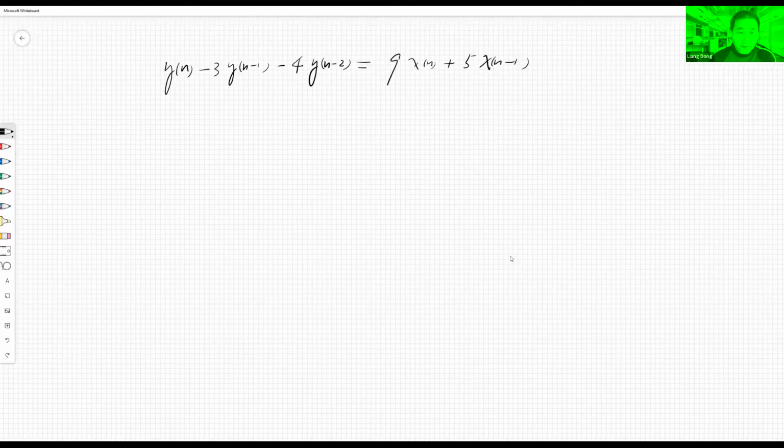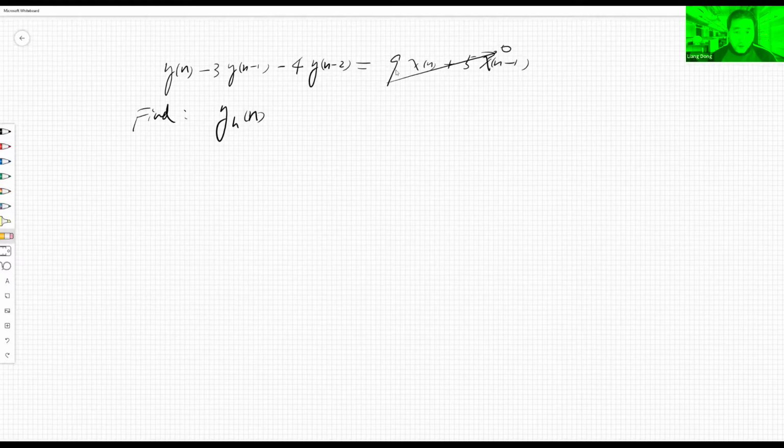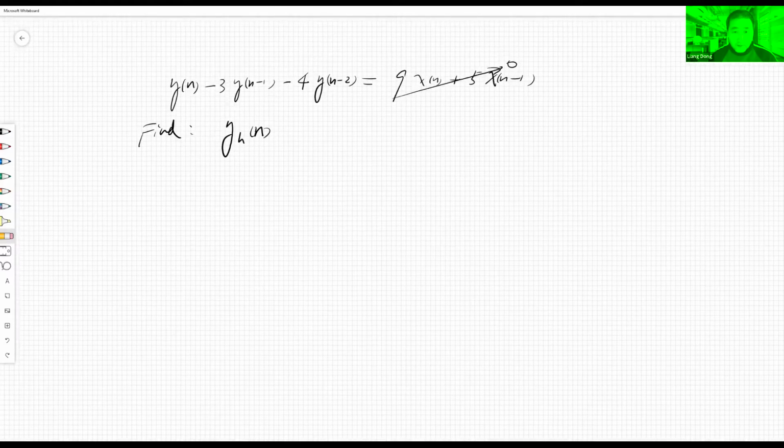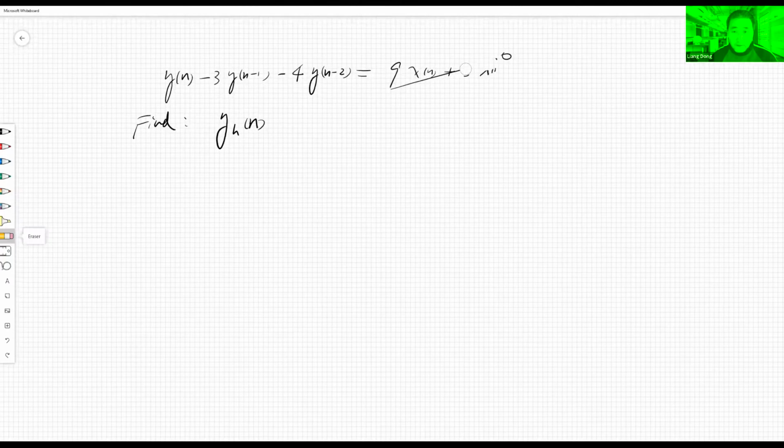We want to find the homogeneous solution of this difference equation. Since we are dealing with the homogeneous equation, we first set the input equal to 0. So this part goes, it's 0. We're only looking at the equation for the y's.